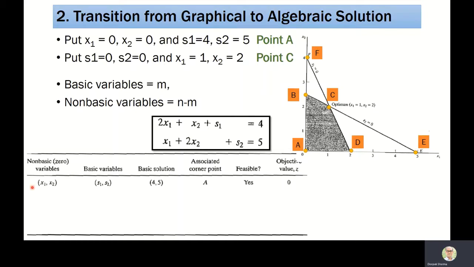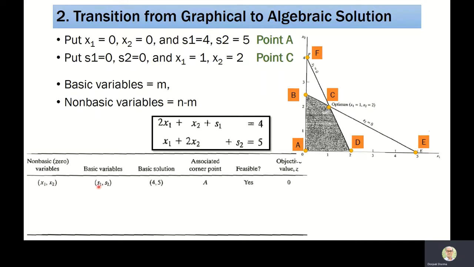As per our previous discussion, we understand that the non-basic variables we keep at 0. Since we are taking x1 and x2 as non-basic, they are 0, 0, which represents point A. In this particular example, the number of equations is 2 and the number of variables is 4, so n minus m equals 2 means we have two non-basic variables.